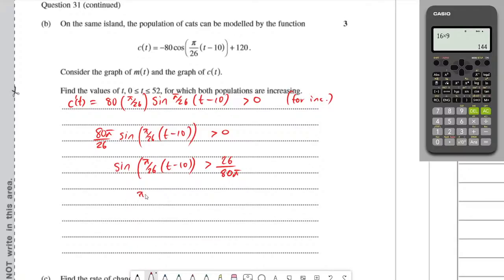Inverse sine, you're left with pi on 26 t minus 10 is greater than inverse sine of 26 on 80 pi.